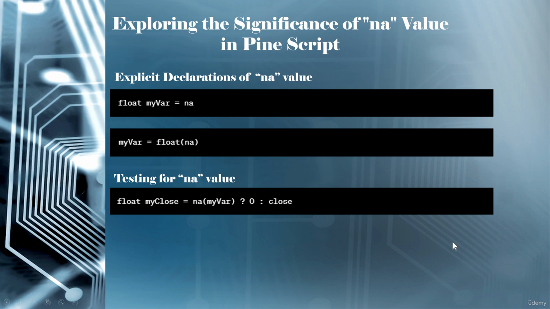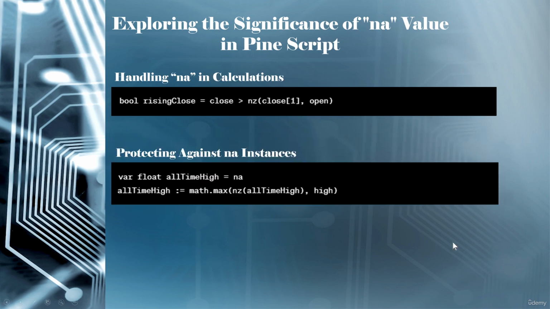So let's review how to handle NA in calculations. It's a good practice to handle NA values to prevent undefined results in calculations. Like in this example, the nz function, in this case, takes two parameters. And if the first parameter is NA, then it will return the second parameter.